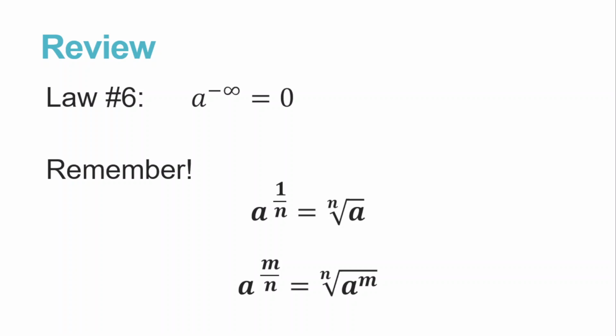If we have a raised to a fraction where the numerator is not 1, then we have the nth root of a raised to m. So you're just going to simply switch the numbers.